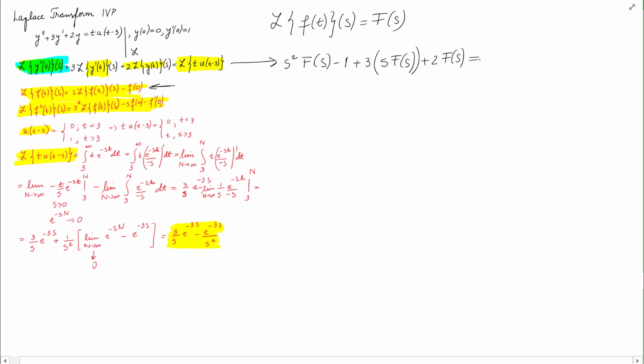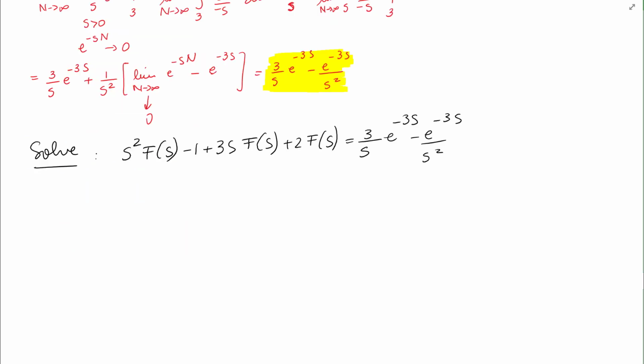The left hand side equals the right hand side, which we computed: 3 over s, so it's not 5, it's s, e to negative 3s, minus e to negative 3s over s squared. And so this is the equation that we want to solve. I'm going to write it down here in a second.